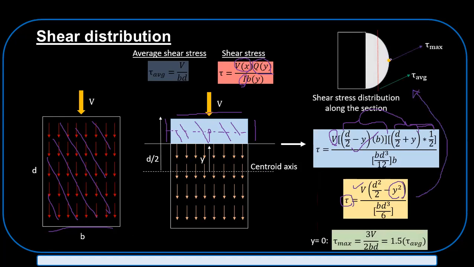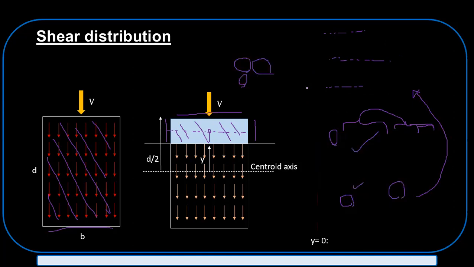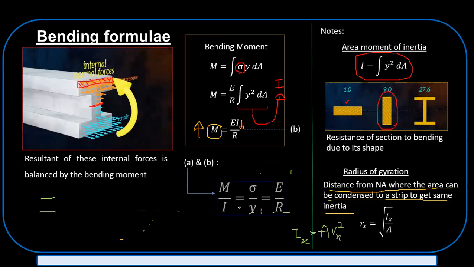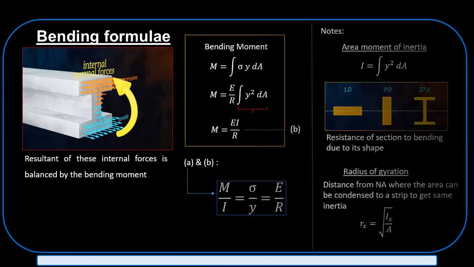It is maximum at the neutral surface and 0 at the extreme fibers. This is particularly different from the bending stress. On bending stress, sigma is bending stress, sigma equals My over I. So it is maximum at the edge fibers and it is 0 at the neutral surface.